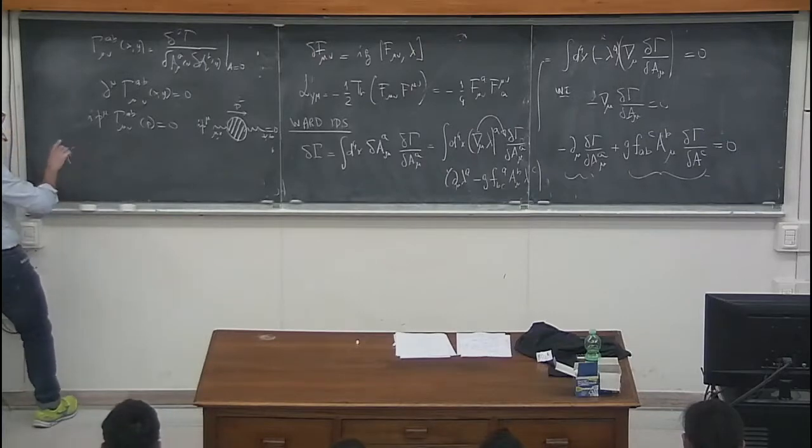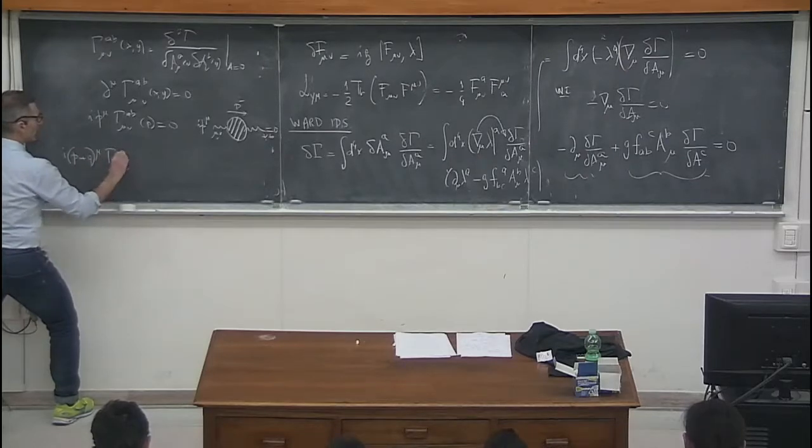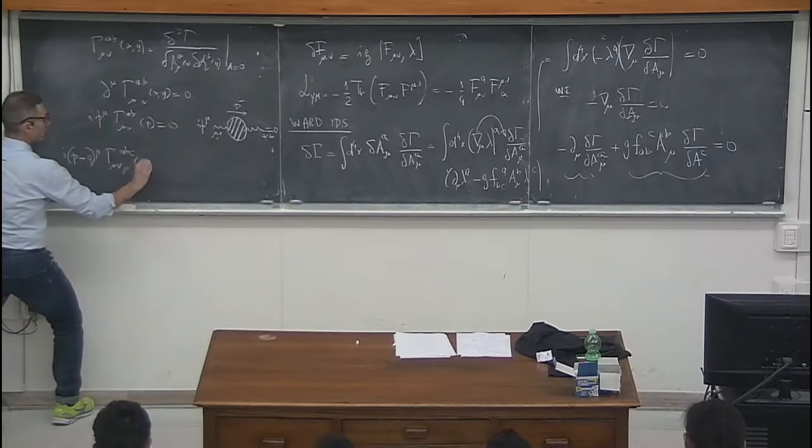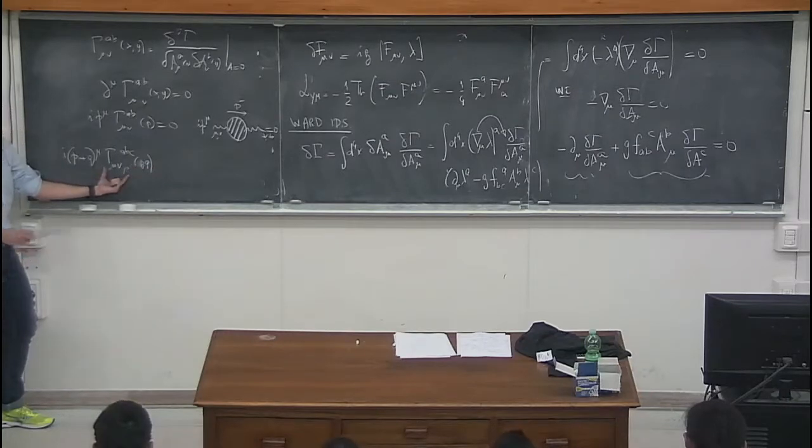I write it down immediately in momentum space: i (p+q)_μ Γ^{μνρ}_{abc}(p,q), okay? I use momentum conservation to say that the momenta on which this three-point function depends are only two of them.